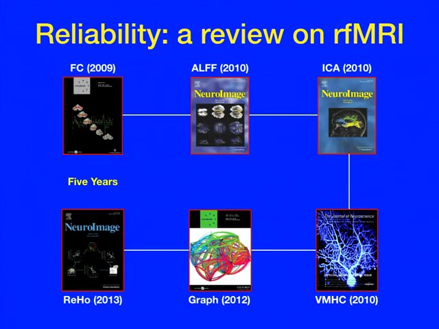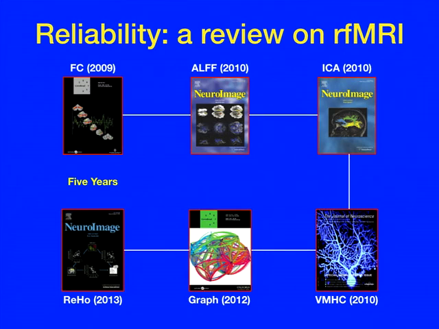So for resting state fMRI, I spent, I think, 12 years working on this, to see how these measures do regarding their reliabilities. You can see this is across different measures.